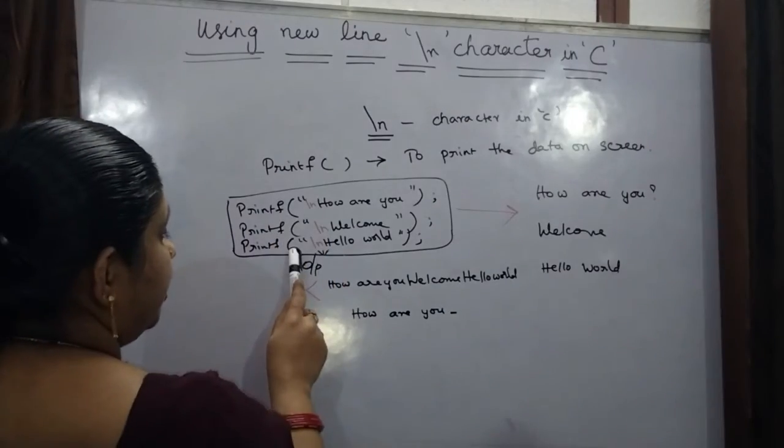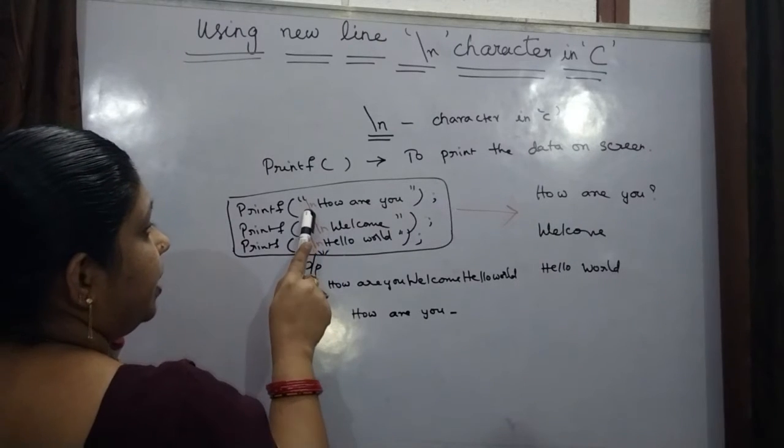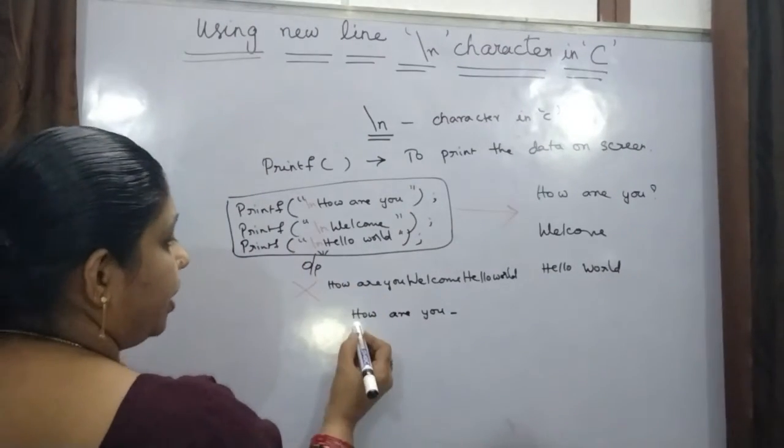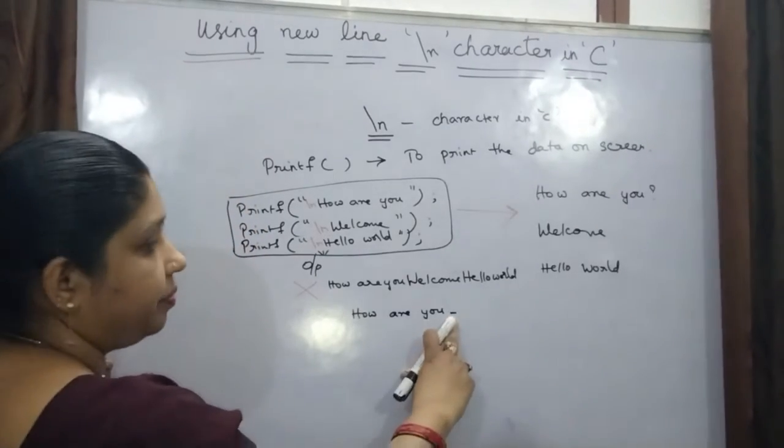For this function, I am telling how it comes. The moment the compiler sees the \n, it will print the sentence here, and the cursor starts blinking here.